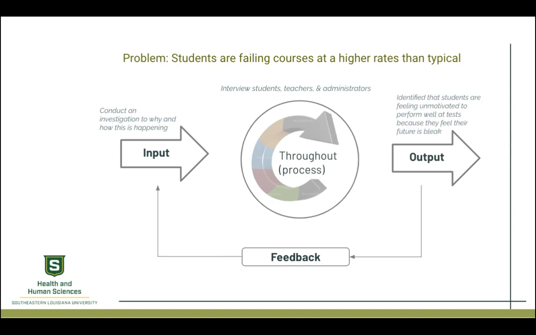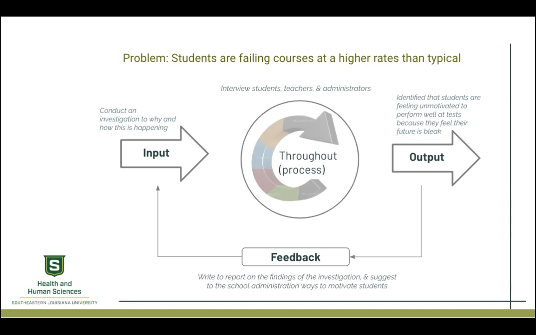The output here would be, after all the interviewing has taken place, the result of that is that the investigators identify the students who are feeling unmotivated to perform well at tests, and the reason they're feeling unmotivated is because they think their future is bleak, and so therefore it doesn't really matter putting in all that effort into learning, because it's not going to get them anywhere. So that's going to be the output.